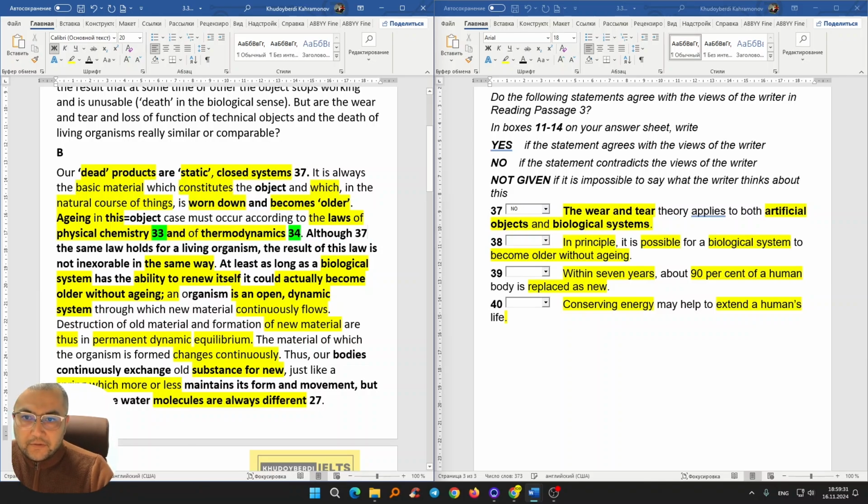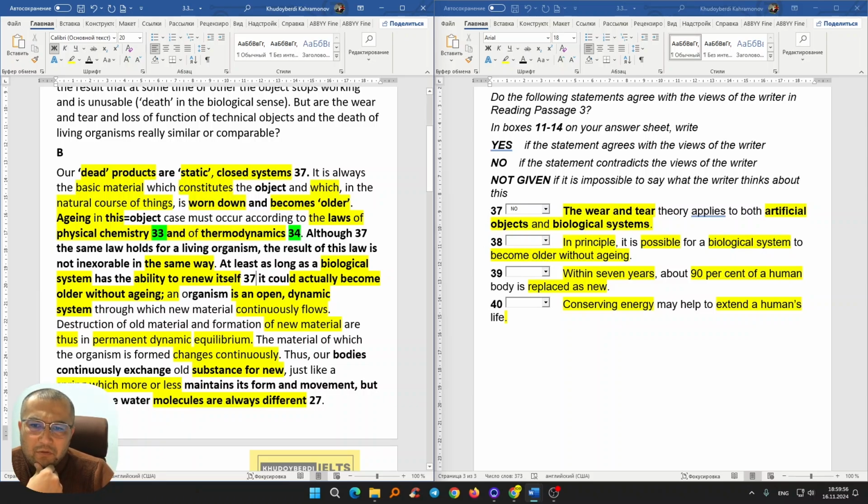So 37 here, so 37 here as well. Why? Because you can somehow take into account these statements given here. In principle, it's possible for a biological system to become older without aging.